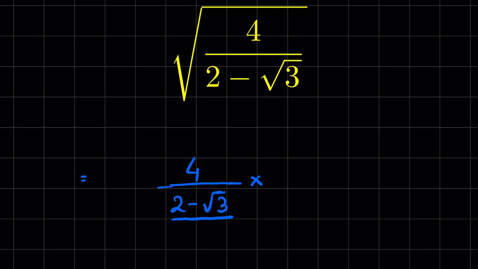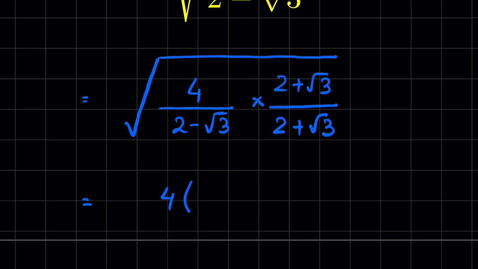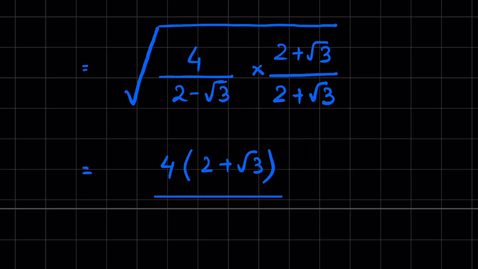So conjugate of 2 minus square root of 3 will be 2 plus square root of 3 upon 2 plus square root of 3, under square root. Or this is 4 times 2 plus square root of 3 upon, this is in the form of difference of squares, a minus b times a plus b. So we can write it as a square minus b square.